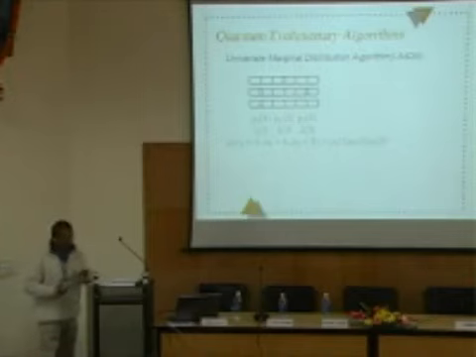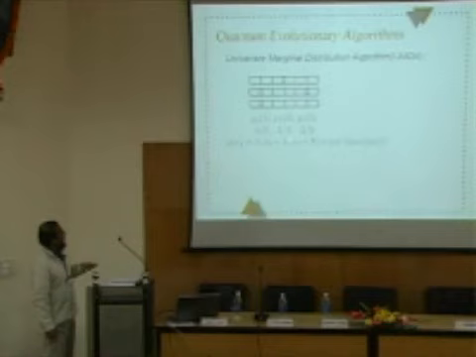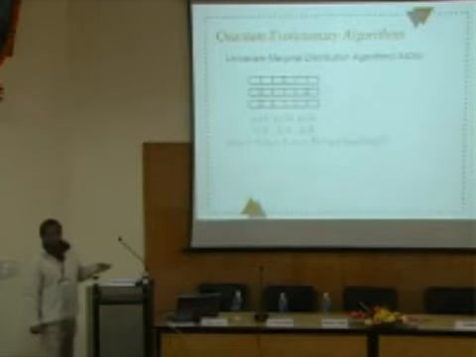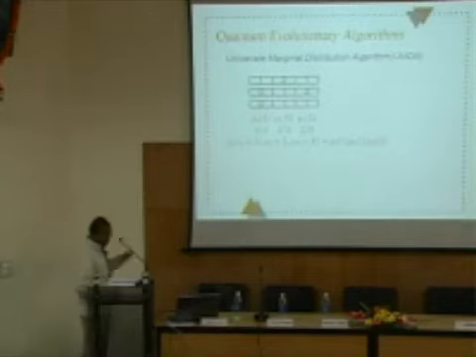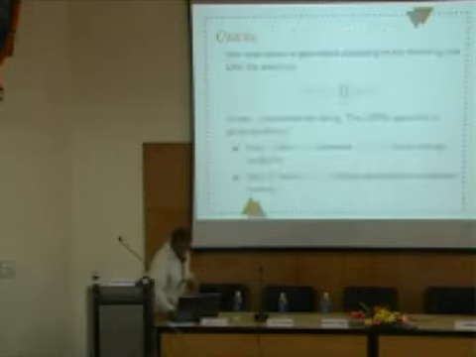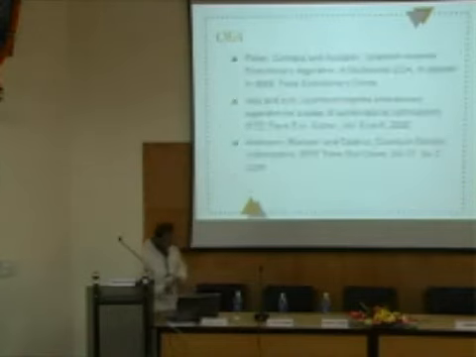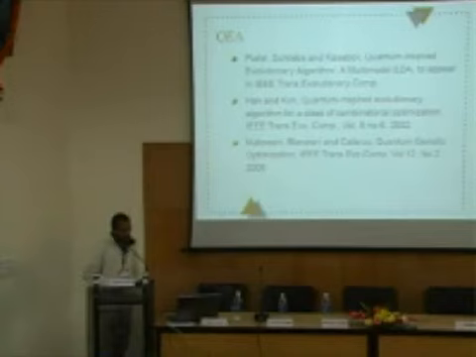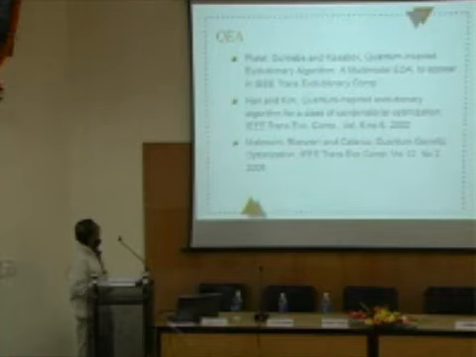So, what we are now trying to do is use quantum probability to estimate this P directly. I will just show you some of these works that have already been done in quantum evolutionary algorithms. This is a quantum inspired evolutionary algorithm, a multimodal EDA.